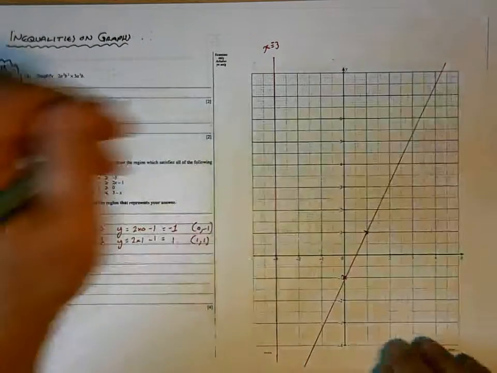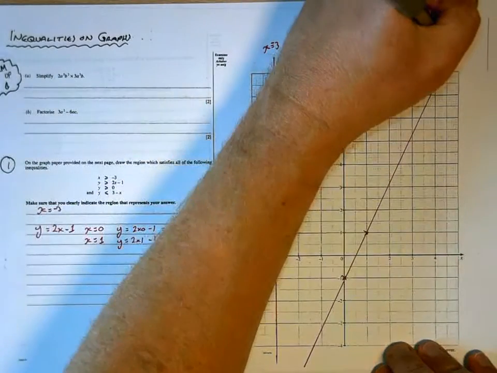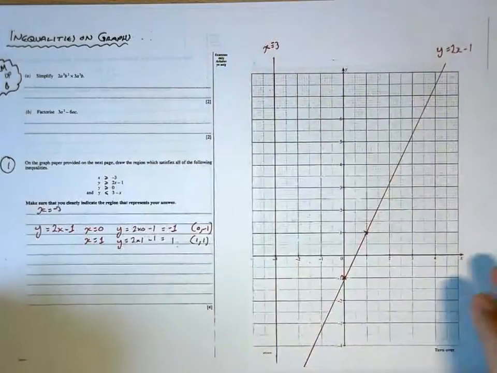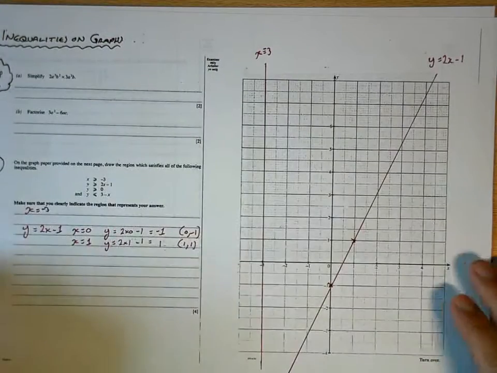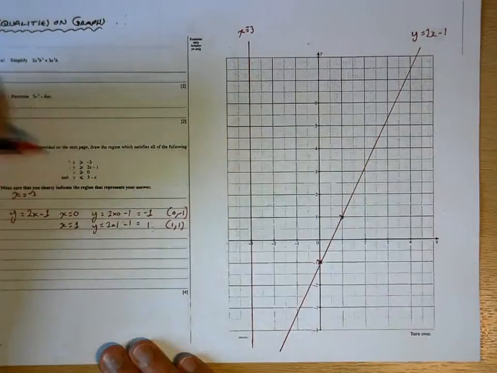Like that. So that's y equals 2x minus 1. So we've done that one, we've done that one.